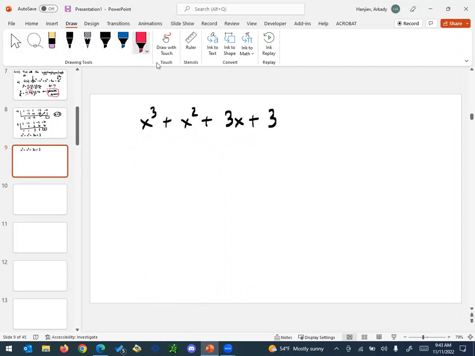Are we good now? We got it down to this now. So now P is going to be plus or minus 1, plus or minus 3.